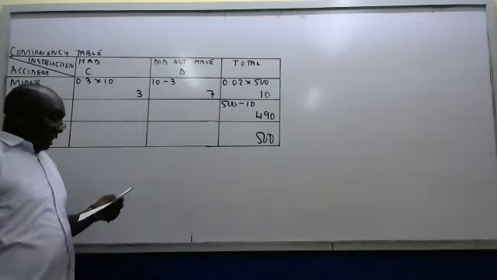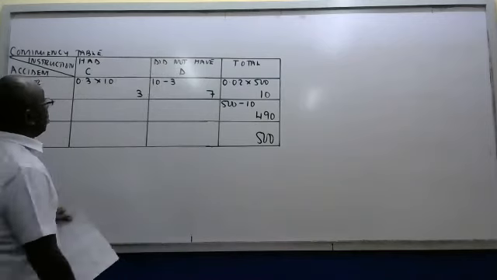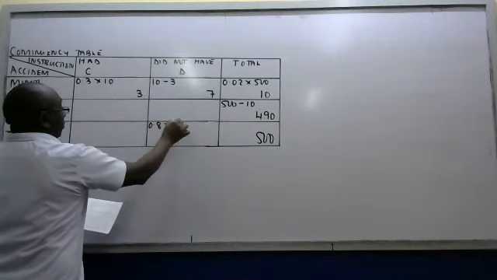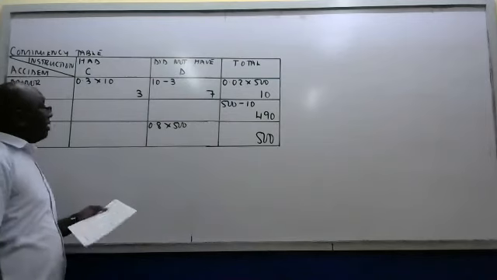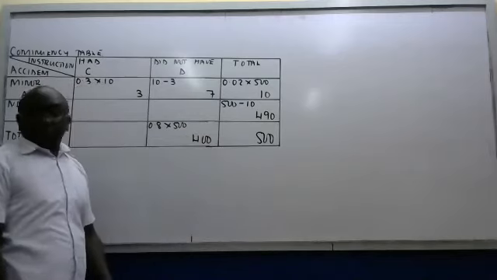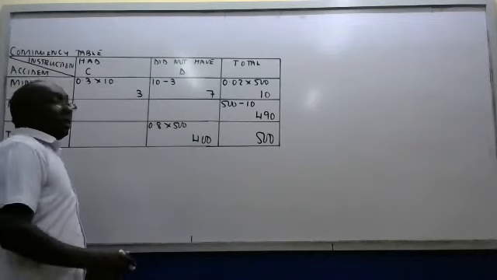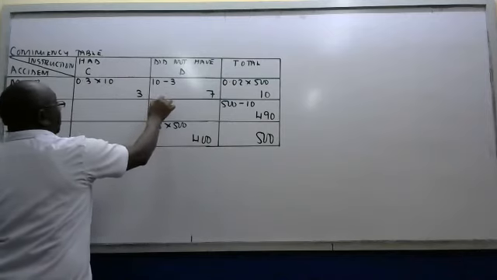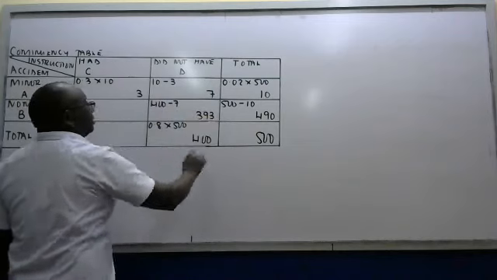Whereas 80% of all employees had no safety instructions. So those who did not have, it is 80%, so 0.8 times 500. Those who did not have, they are what? That is 400. And if it is 400, it follows that this one should be 400 minus 7, and that is 393.